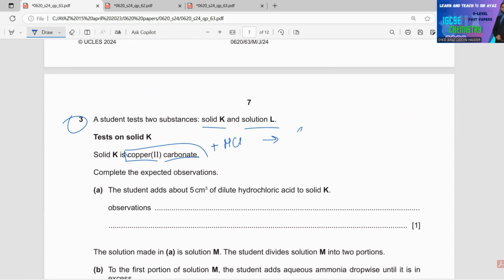We'll be getting salt plus water plus carbon dioxide. These will be 3 products obtained in this case. So the common observation when you are getting carbon dioxide must be fizzing or bubbling.